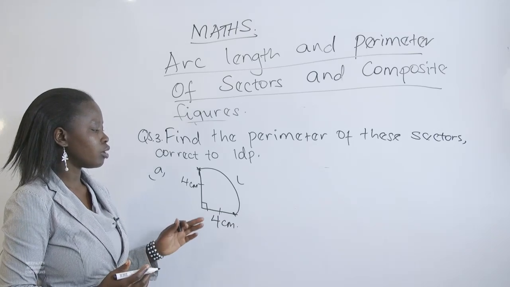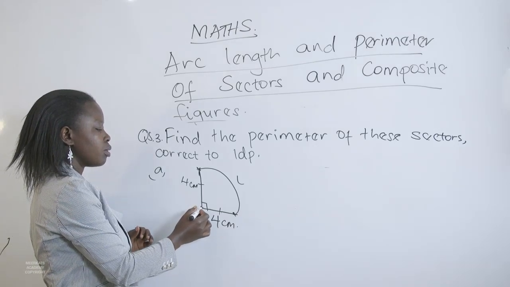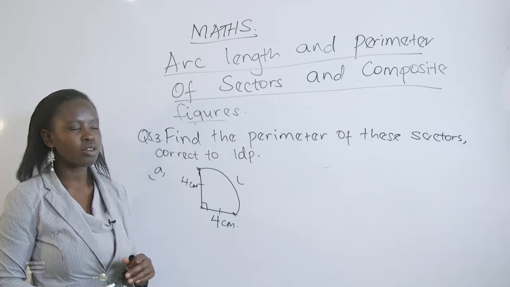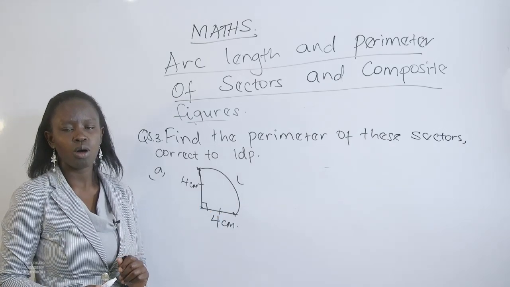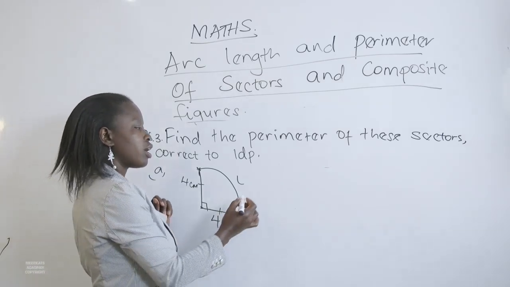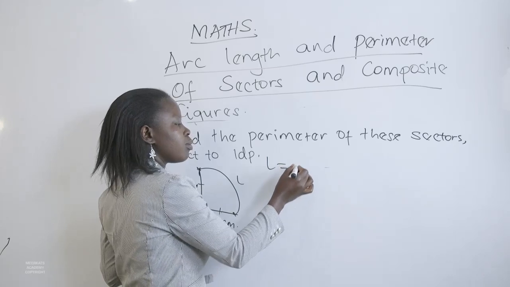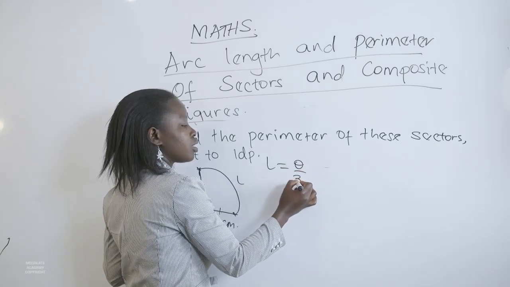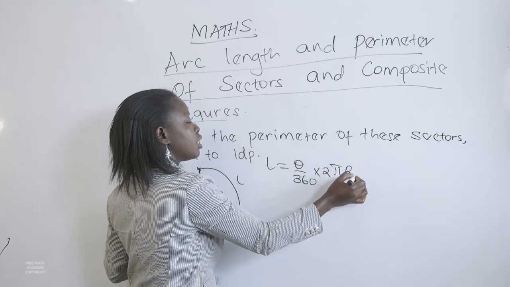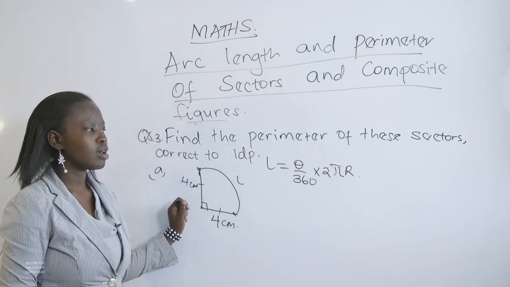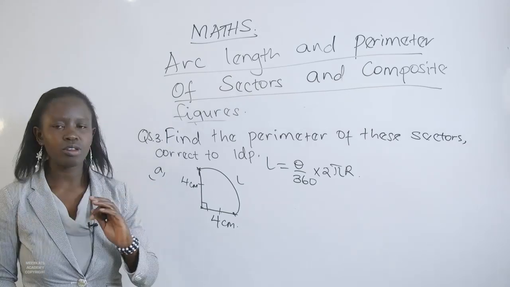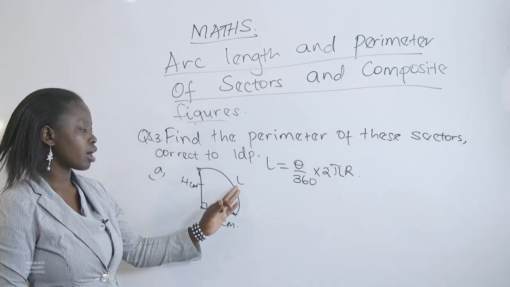So what are we required to do to be able to get the perimeter of this given figure? We need to find the value of our length of the arc. So how do we get the length of the arc? The length of the arc is given by theta over 360 times 2 pi r. But we are not interested in the length of the arc only.